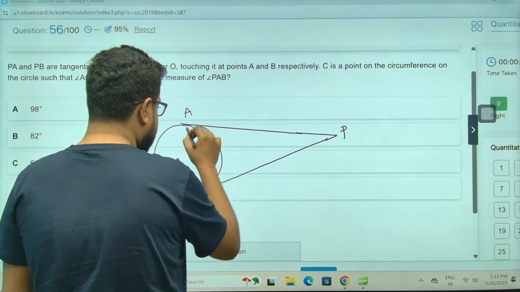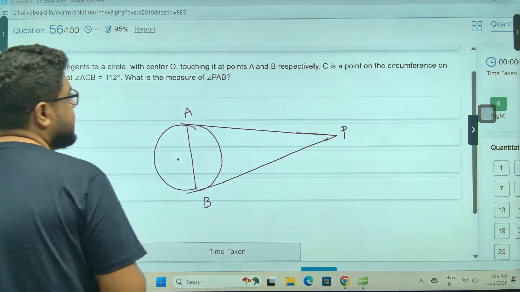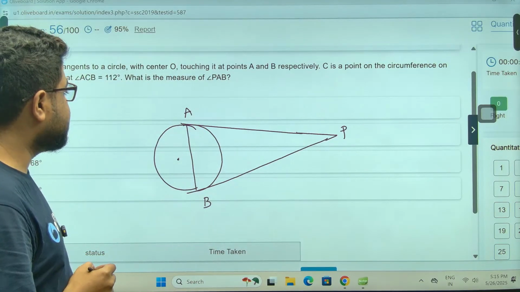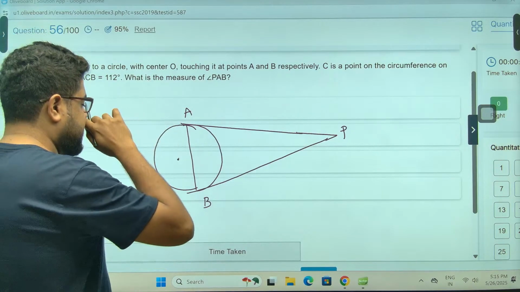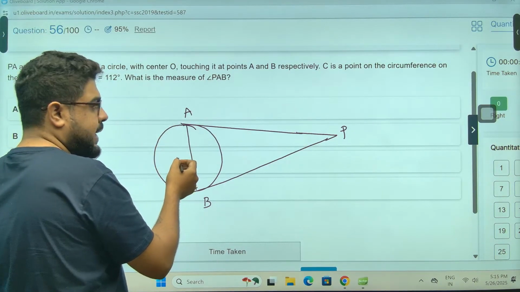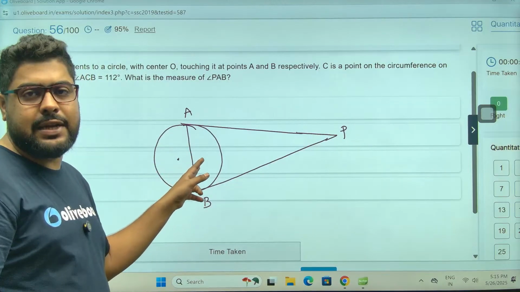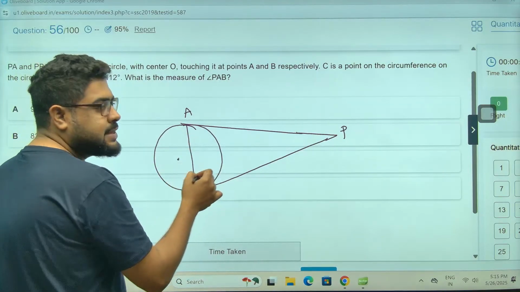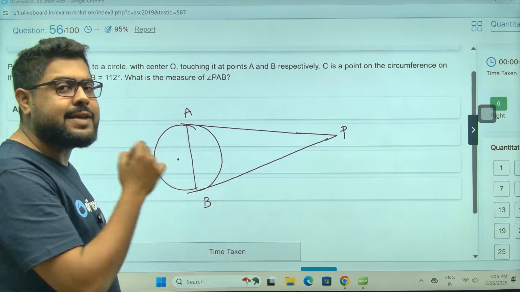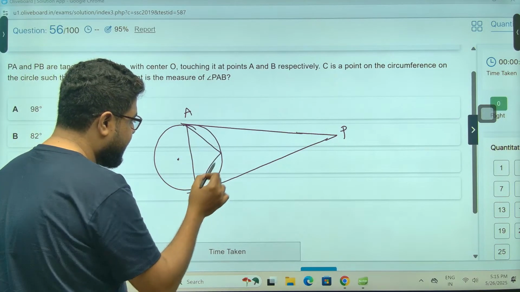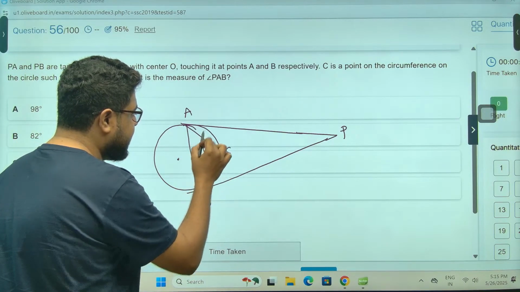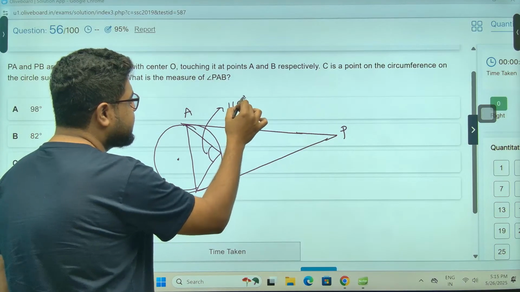So PAB means I need this. If I assume the center to be on this side, the angle must be on this side, because any angle here will be less than 90. So this is C. This angle is given as 112 degrees.